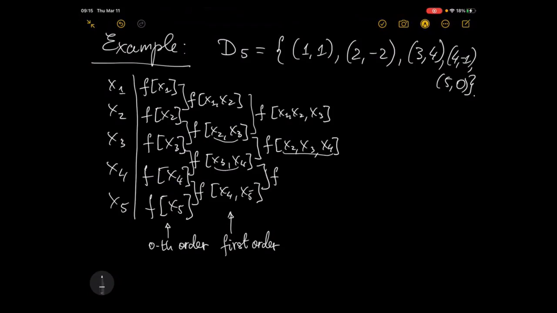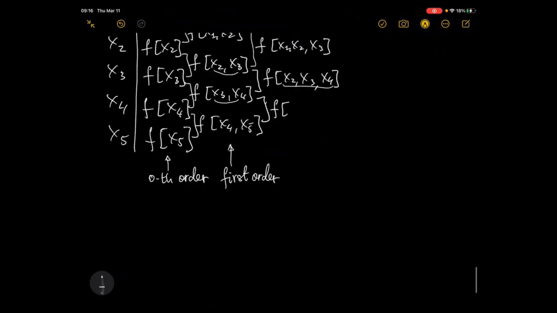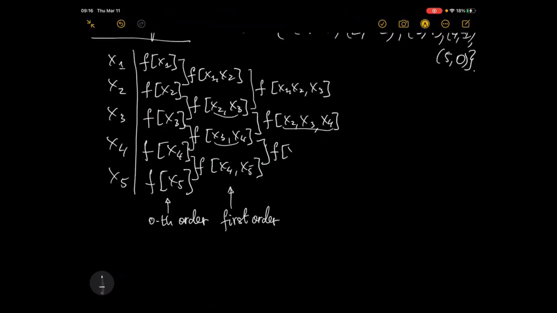Have a look, the formula uses k points here, i plus 1, i plus 2, i plus k. Here it uses k plus 1 points. So here it will be x3, x4, x5.